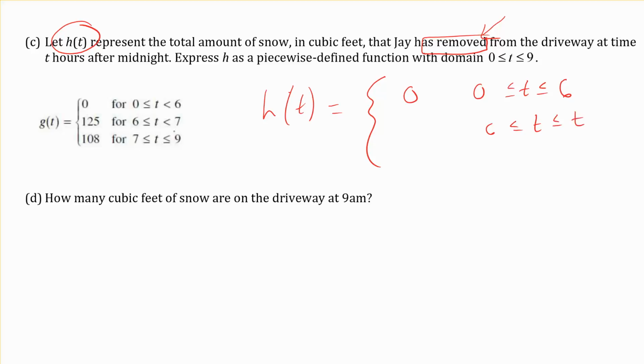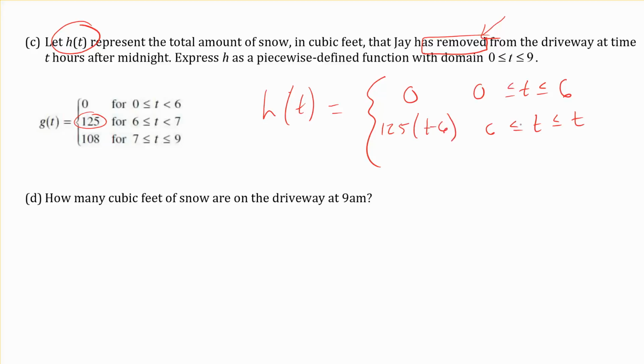So at 7, you'd say he's removed 125, but he has a constant rate in there. So at like 6.5, he'd be half of that. So how do we express that? We want to say that would be 125. And a lot of people wrote t, but remember, it's going to be 125 times t minus 6.